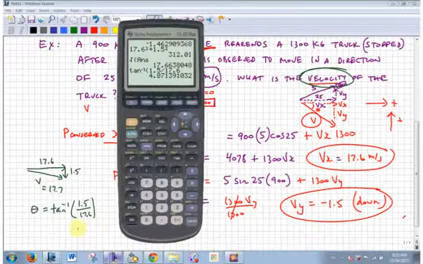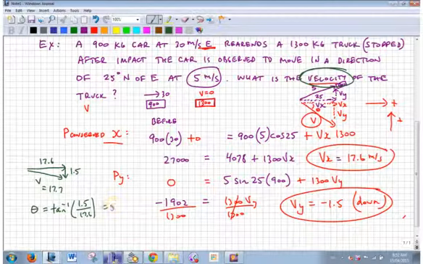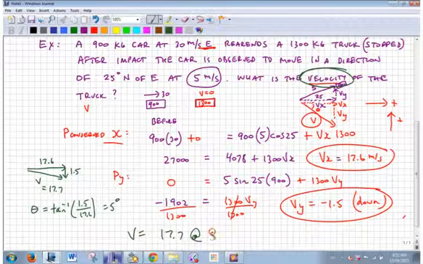Let's just call it 5. Is that the answer? I'm not done yet. 5 degrees what? North of east, east of south, west of west? Huh? 5 degrees south of east. That's the answer. That's where the truck will go.